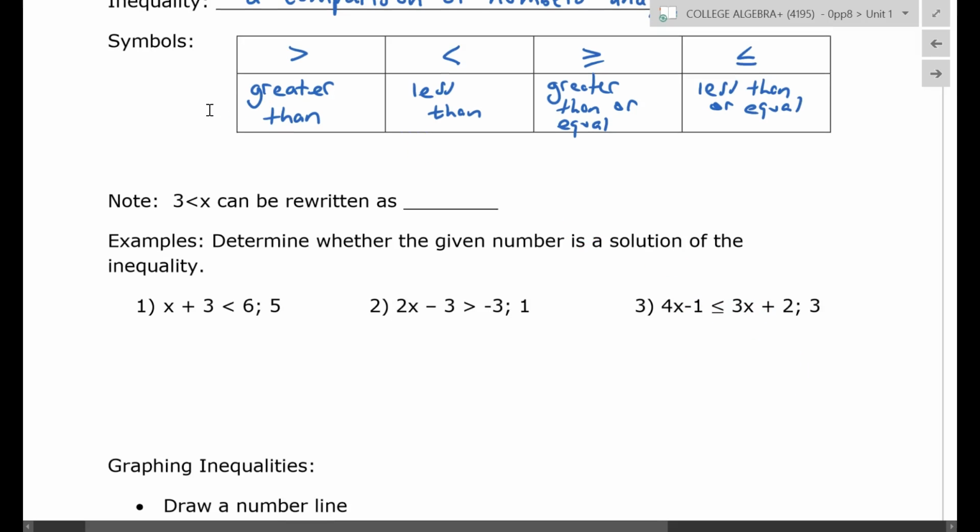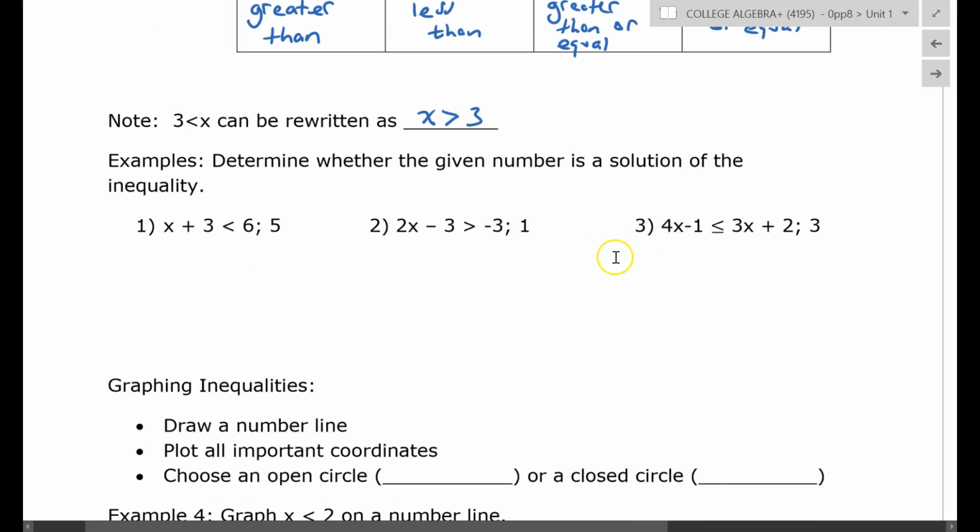Guys, we can write this inequality one of 2 ways. In this case, the 3 is prior to the x. If I wanted to write the x first and swap those 2 around, I also need to change the inequality to face the other direction. So I'm allowed to do that as long as I change the inequality to face the other way, right?